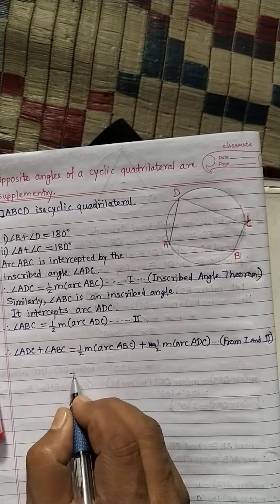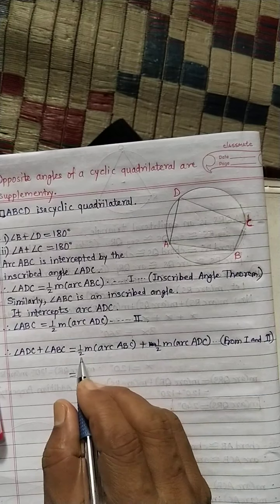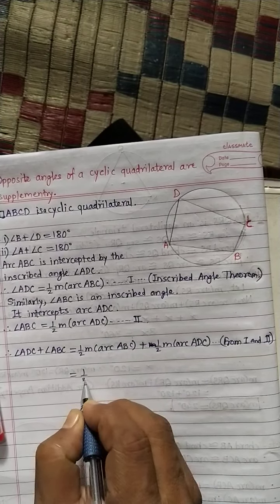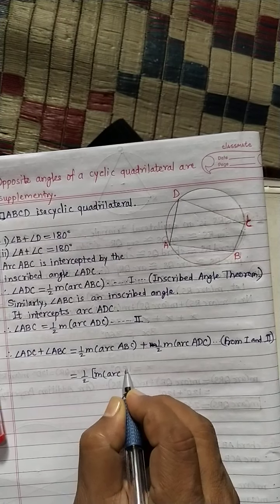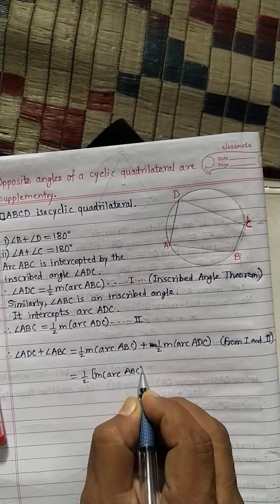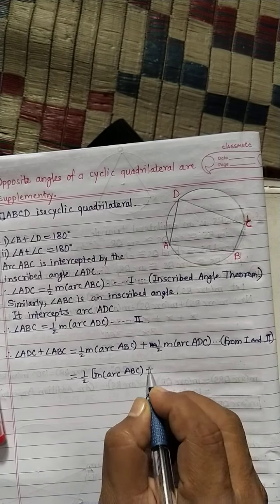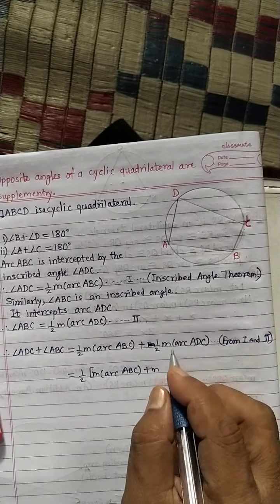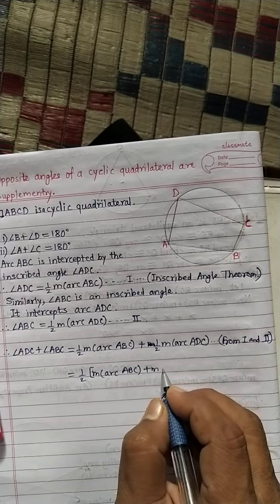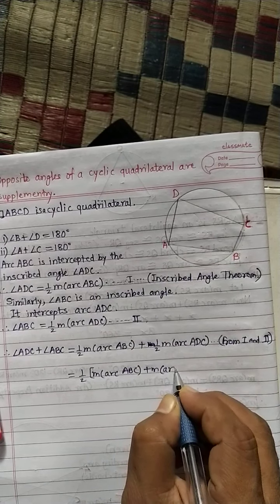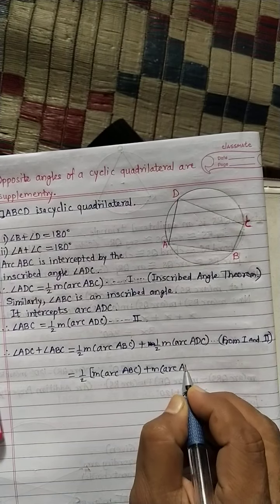Okay, so here one upon 2, means half, is common. In brackets, measure of arc ABC plus measure of arc ADC.